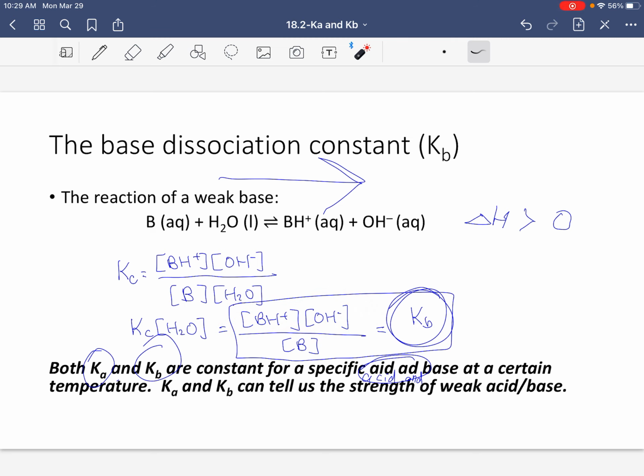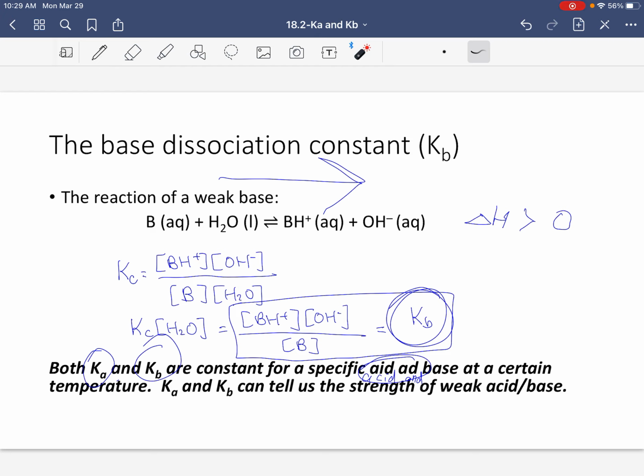and Kb can actually tell us how strong an acid and base is. So, this is how you tell. The bigger this number, the stronger the acid or the base. Obviously, this is a Kb. If this number is big, the base is going to be strong, or stronger.